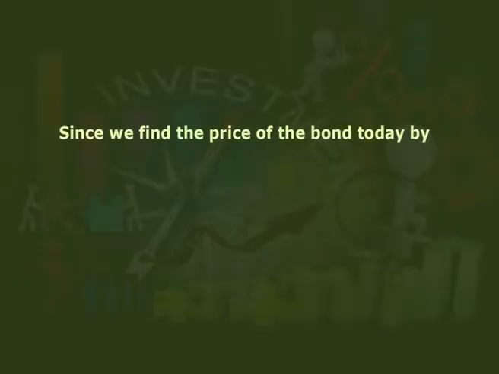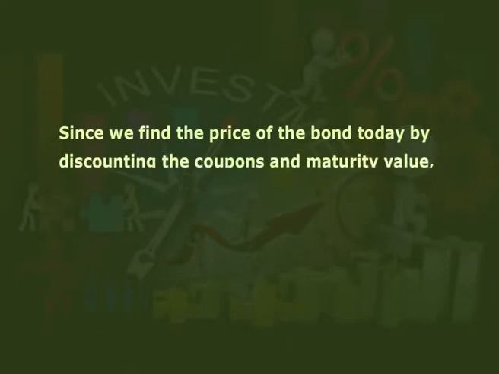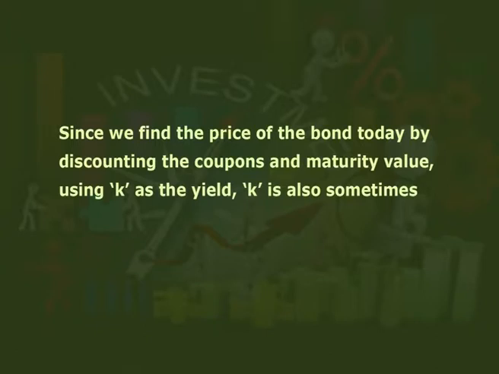As we learned, coupons are pre-decided as per bond prospectus, and Bn represents the maturity value. Also, n indicates the number of periods till maturity, and K indicates the return or yield from the bond expected by an investor. Since we find the price of the bond today by discounting the coupons and maturity value using K as the yield, K is also sometimes called the discount rate.